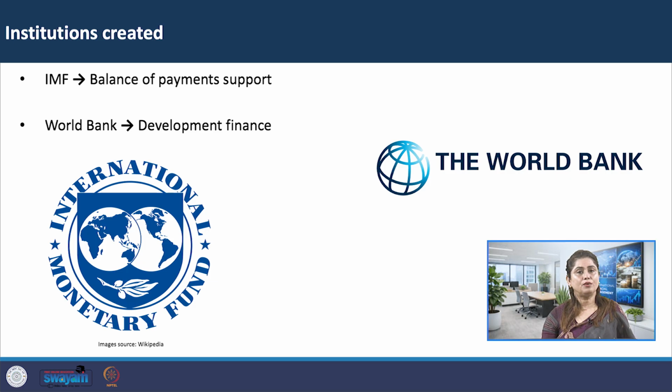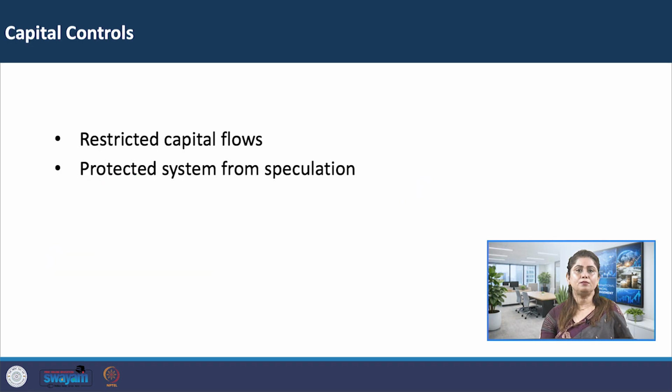Second, the World Bank, which was created to provide long term loans for reconstruction and development, especially after the war. Another important feature of this system was that countries were allowed to impose capital controls. This means they could restrict the flow of money across borders. This was done to protect the fixed exchange rate system from speculative attacks.